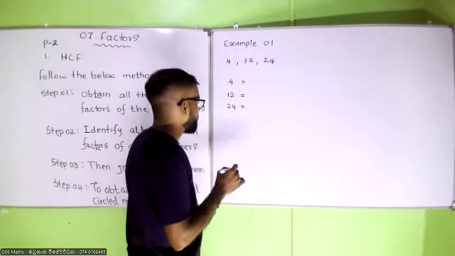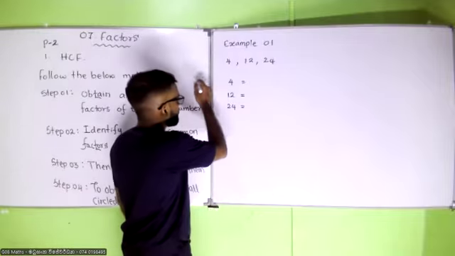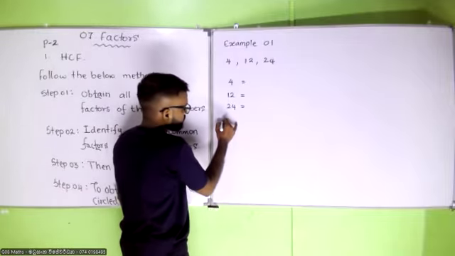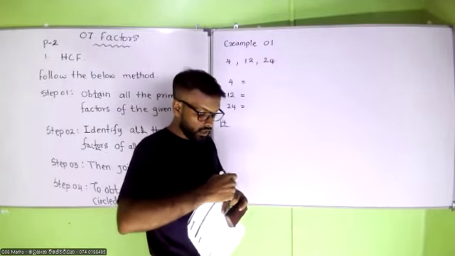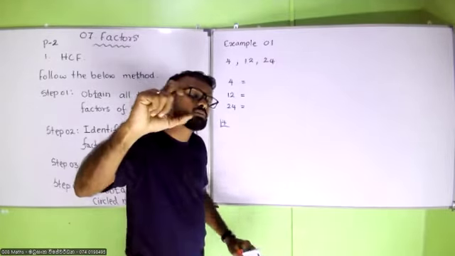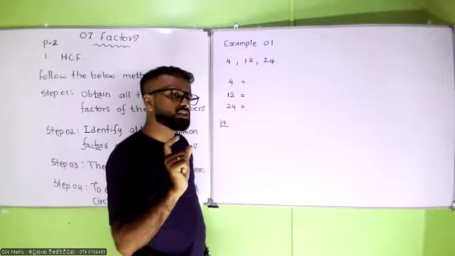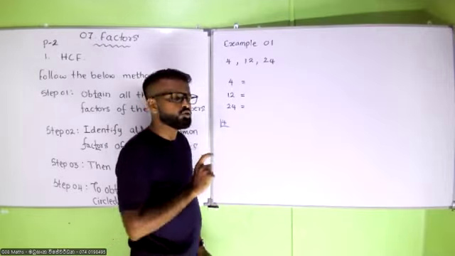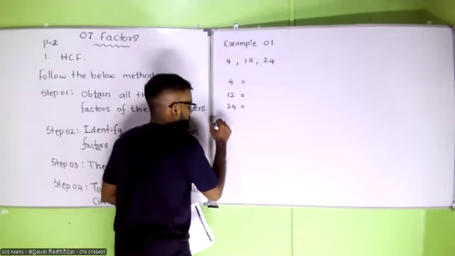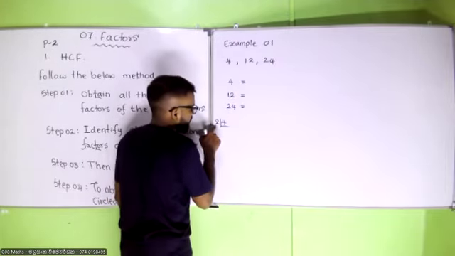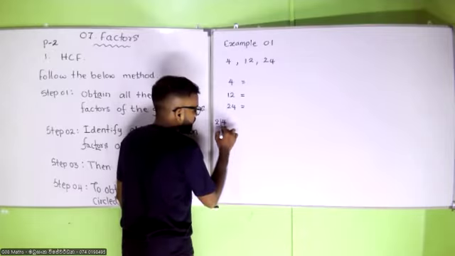So I am going to write number 4 somewhere around here. And I am going to divide this number 4 by the smallest prime factor first. What is the smallest prime factor that I can use to divide numbers? 2. Yes, superb. 2 times 2, 4.